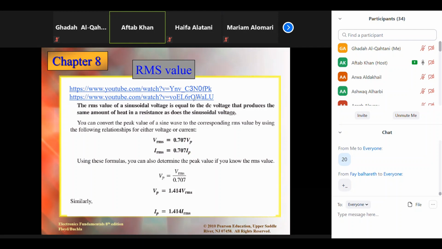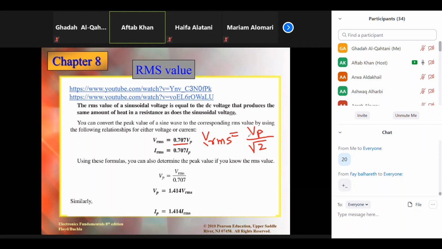By the way, this formula can also be written as VRMS equals VP over root 2, which I always remember, because rather than memorizing the number 0.707, it's easy for me to memorize VP over root 2.